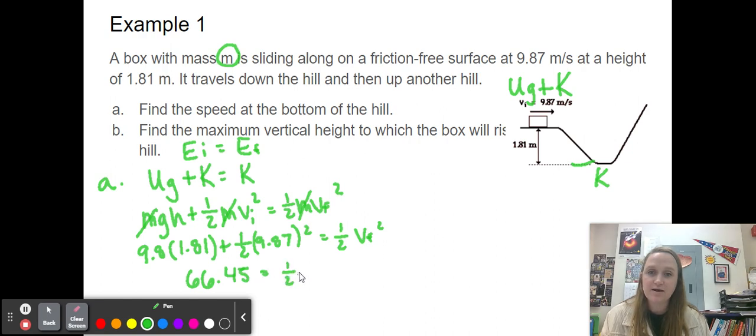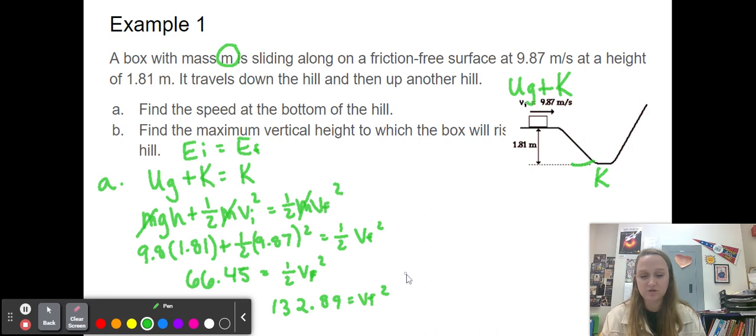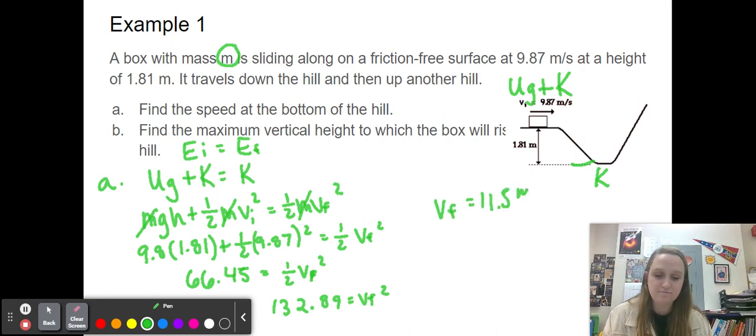And then we have 1/2 vf squared. We're going to multiply each side by 2 to get that 1/2 to the other side, which gives me 132.89 equals vf squared. And then we just have to square root our answer. So if we square root our answer, we get a final velocity of 11.5 meters per second, which followed what we thought. We thought that it was going to speed up when it got to the bottom of the hill. Great.